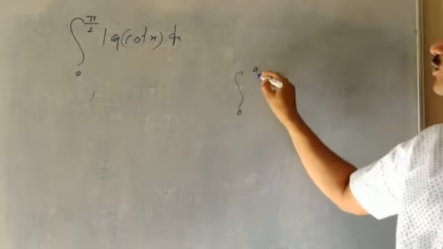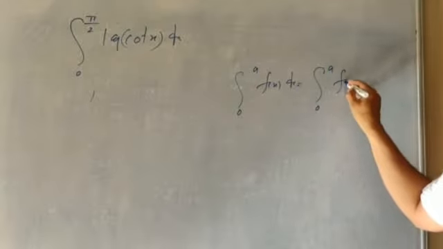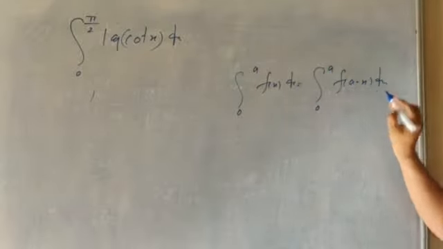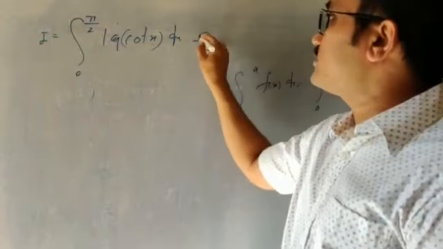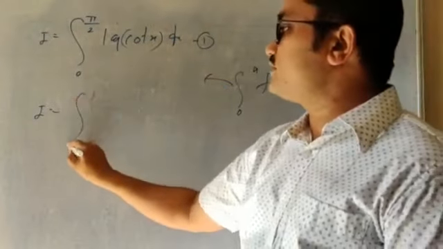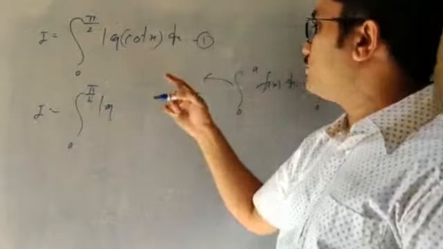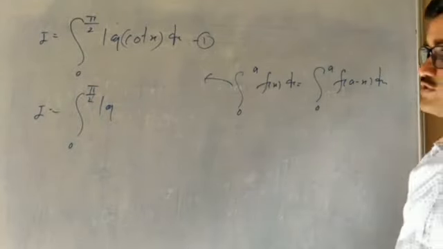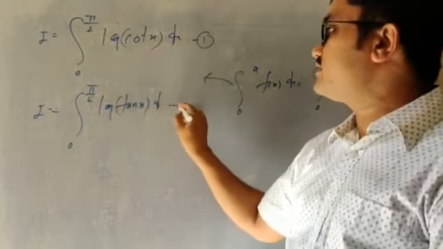You can use the property integration 0 to a f of x dx equals integration 0 to a f of (a minus x) dx. If you call this I, which is equation 1, and apply this property, it is 0 to pi by 2 of log of cot of (pi by 2 minus x). What is cot of pi by 2 minus x? It is nothing but tan x dx.